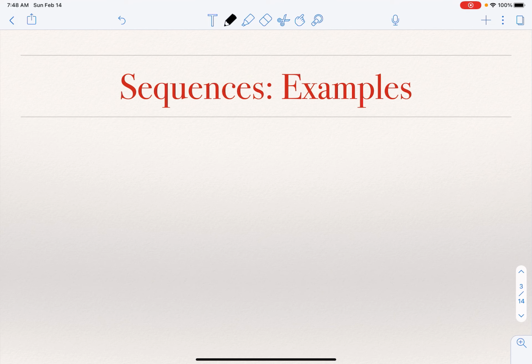To give some examples of sequences, I can define as follows. I can say that the nth element of the sequence will always be 1. What's the sequence whose nth element is defined by 1? The first element is 1, the second is 1, the third is 1, the fourth is 1, and so on.